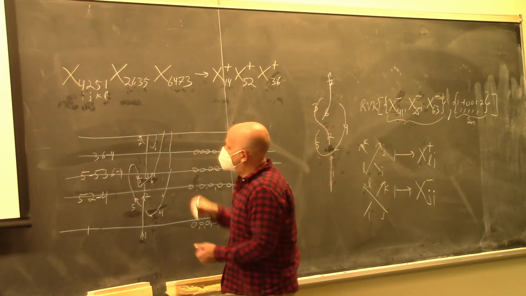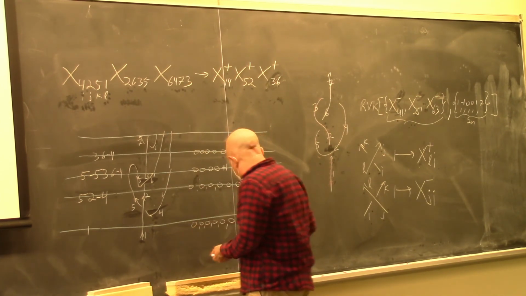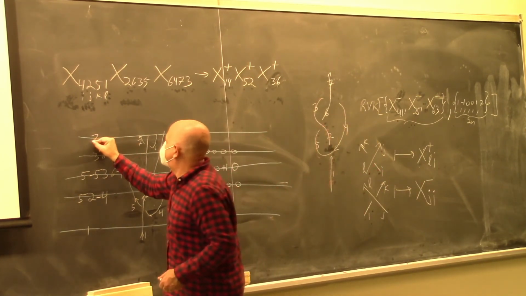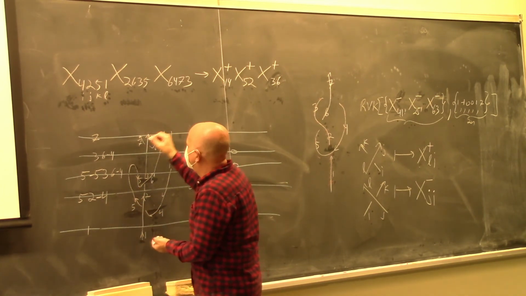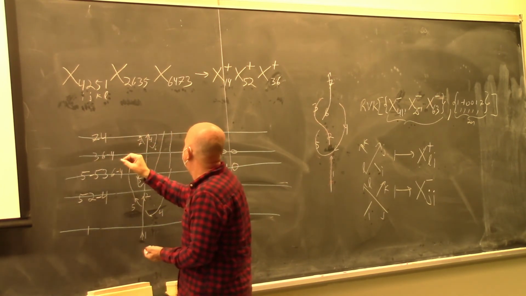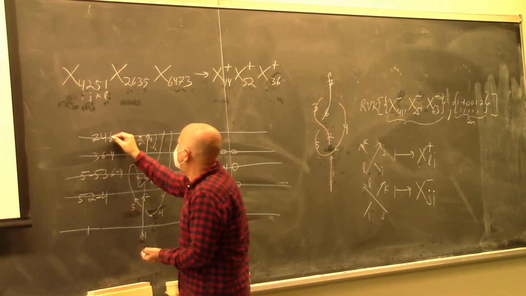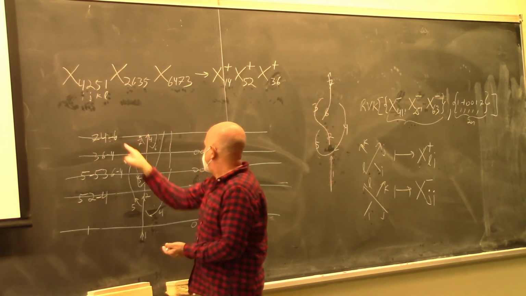And the front now reads 7. Oh, sorry, this became a 4. So 7, 4, 6, minus 6. Sorry, negative 6.